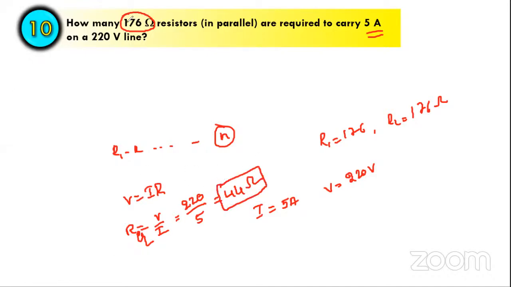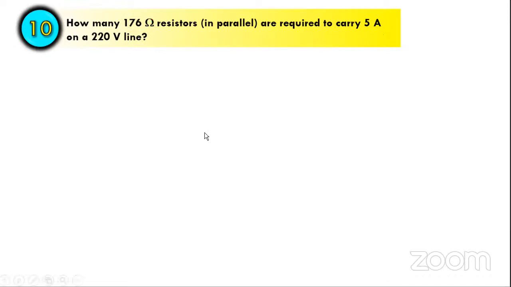Each resistor is 176 ohms. So divide with this, you will get the number of resistors. R equivalent, that is in parallel, 1 by R equivalent is equal to 1 by R1 and so on. 4 resistors. Yes, sir. Answer is 4. Okay.